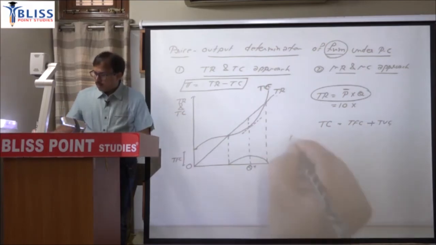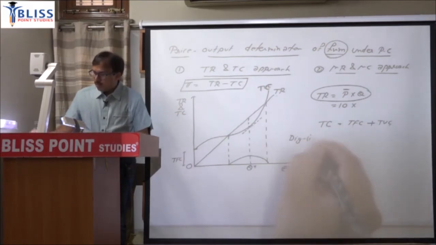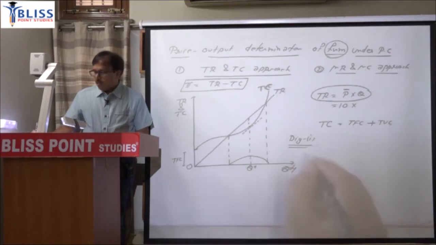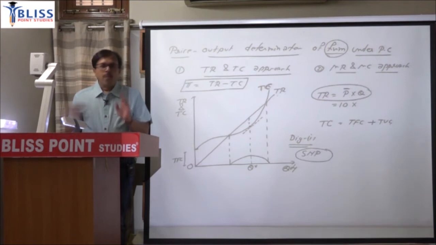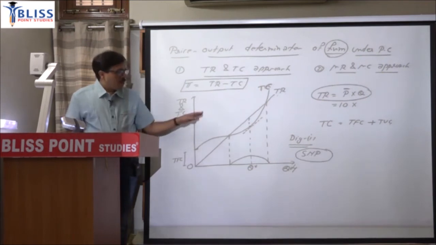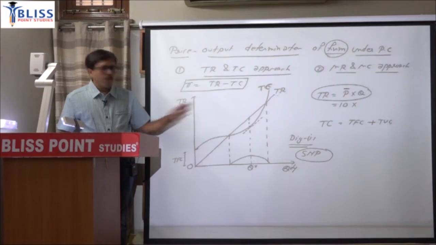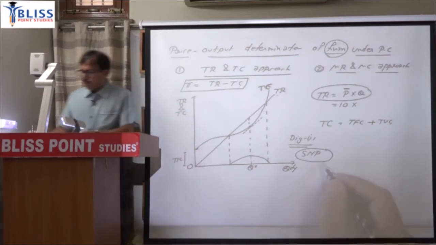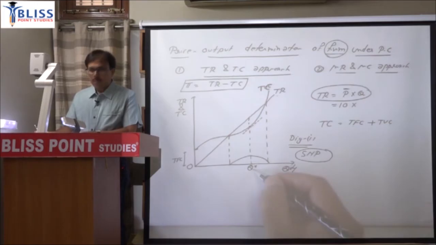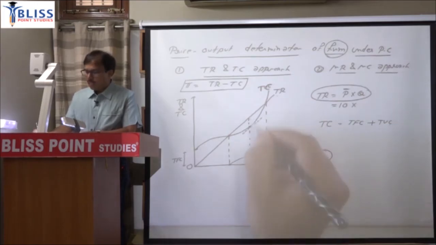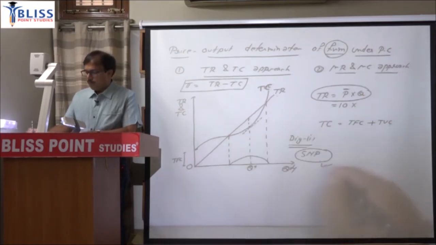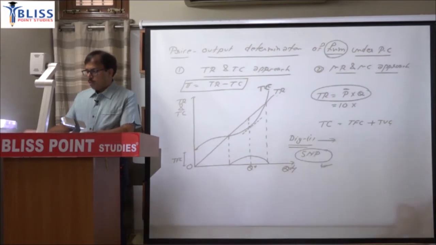You can say this is the first diagram for supernormal profit. Now the second one I will draw for loss, and the third will be for normal profit. So this is the diagram for supernormal profit, because at the profit maximizing quantity TR is greater than TC. Clear? So copy this first one and then move to the second condition.